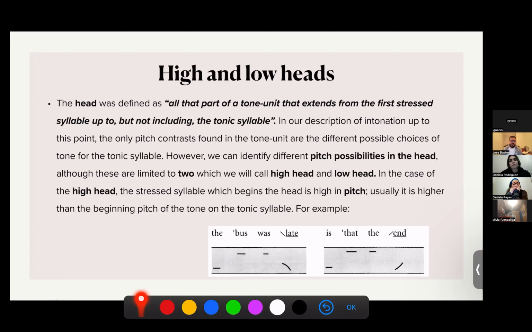In the case of the high head, the stressed syllable which begins the head is high in pitch. So, for example, in example 1, "bus" is the stressed syllable which begins that tone unit. Do you follow me?